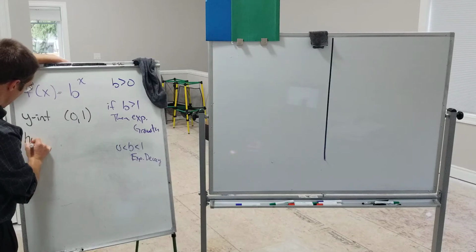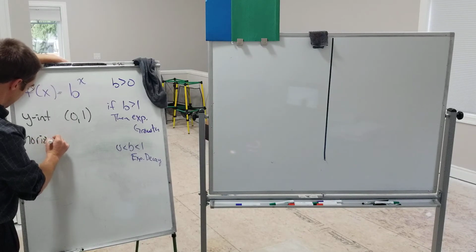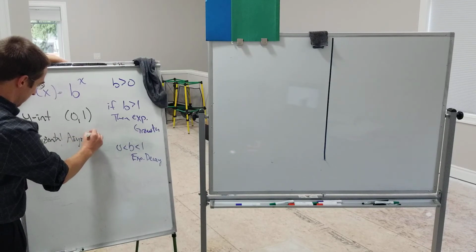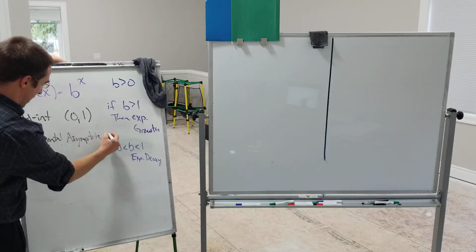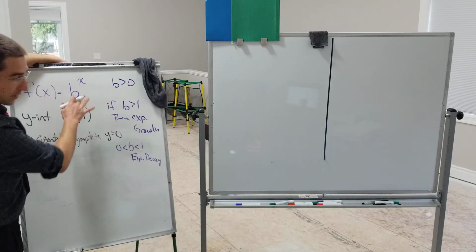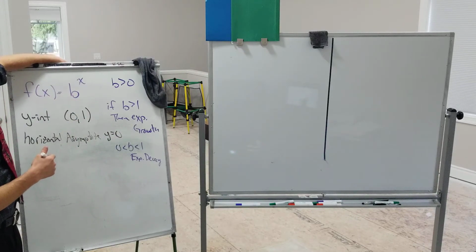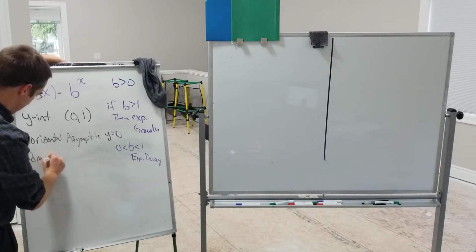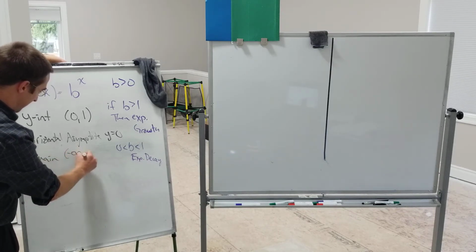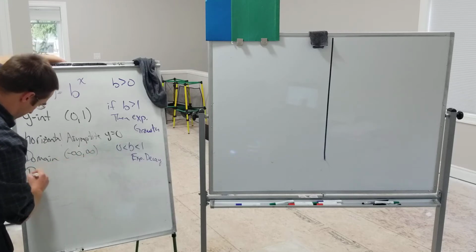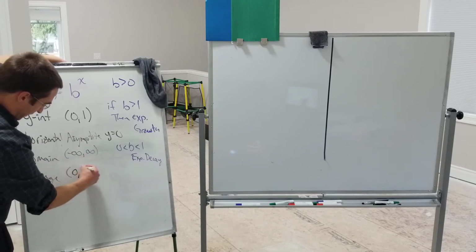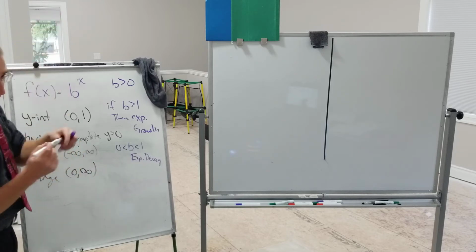We are going to have a horizontal asymptote at y equals 0. The domain is going to be negative infinity to infinity. The range is going to be 0 to infinity. All parentheses there.